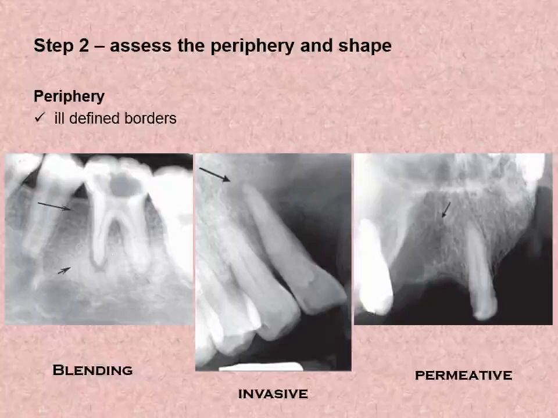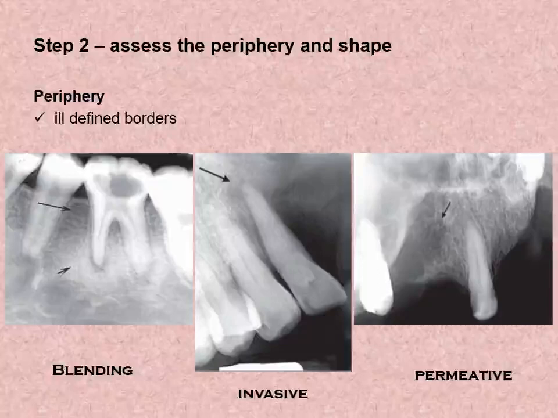The border is relatively intact, but the lesion has penetrated above the border. That shows the aggressive nature of the lesion, commonly seen with malignant lesions.